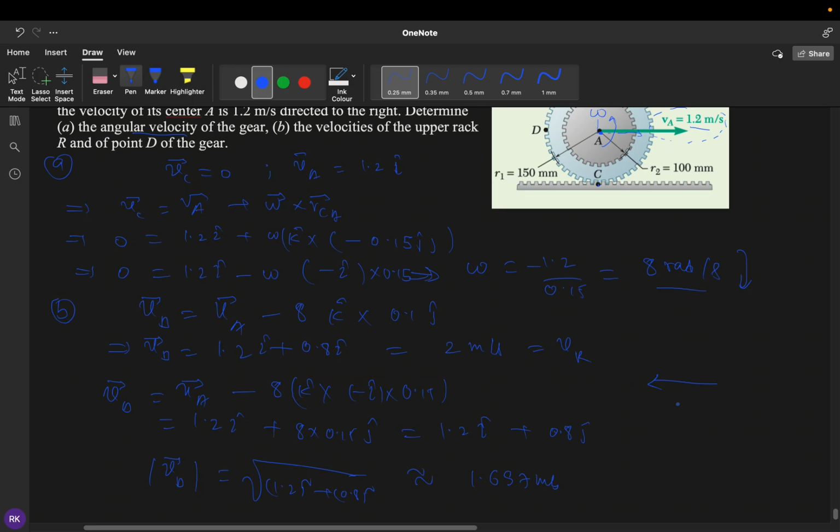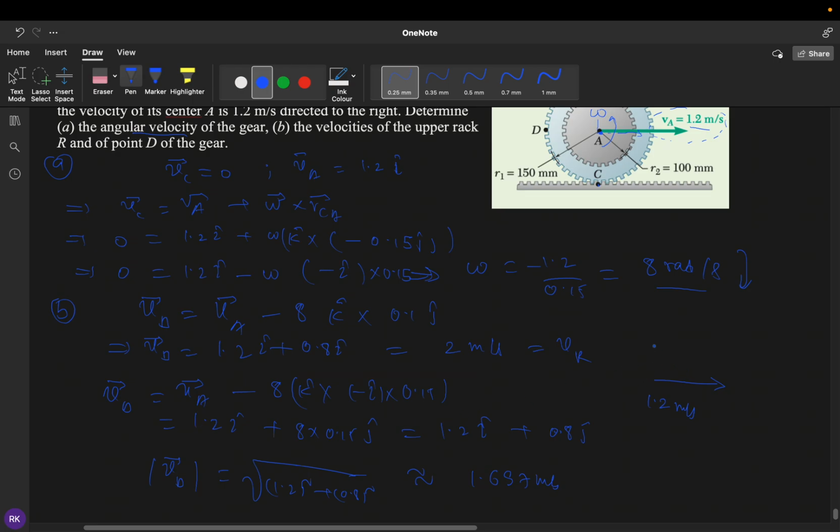The i direction is like this, that is 1.2 meter per second, and the other direction must be here in this direction. We might be making some mistake here.